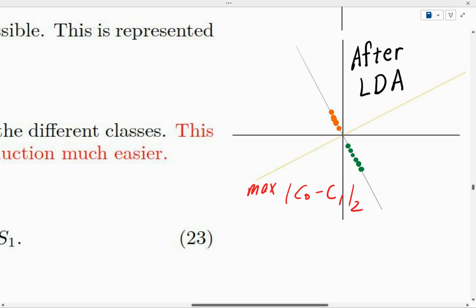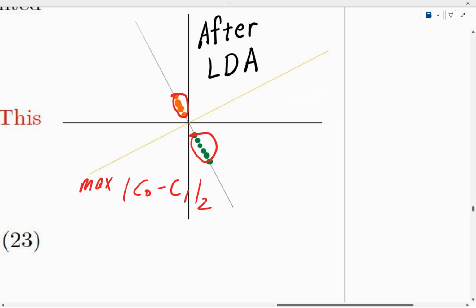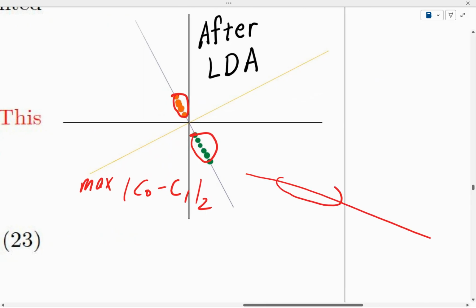And you want the clusters to be as small as possible. You can imagine if you don't make the clusters small, maybe one cluster is here, one cluster is here, so you have an area of ambiguity where they're mixed together. And mixing two classes together makes it harder to separate them. So we want to avoid that.